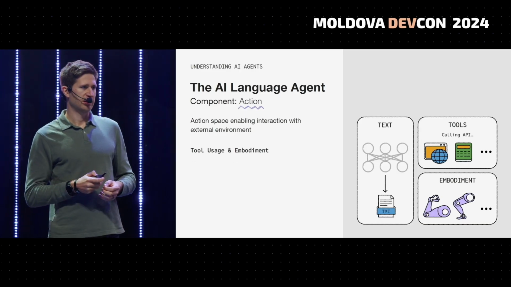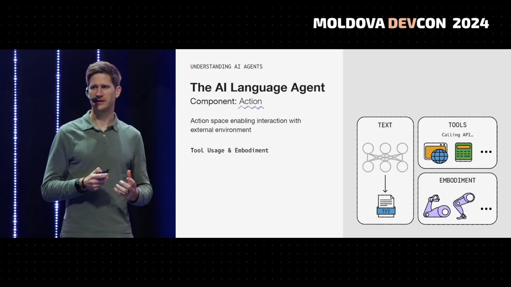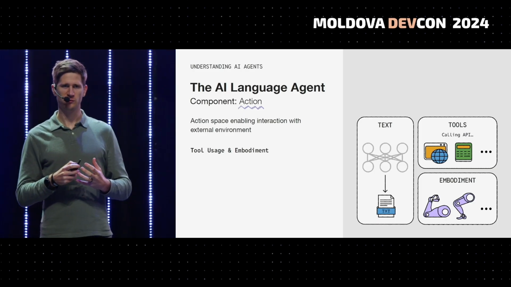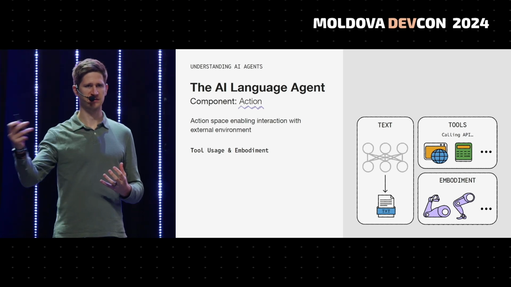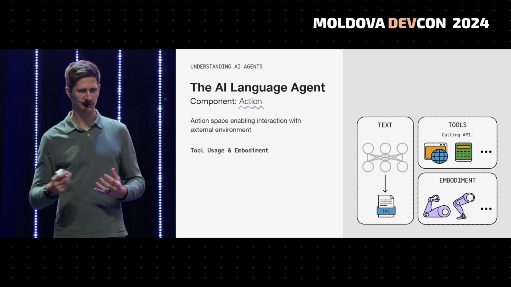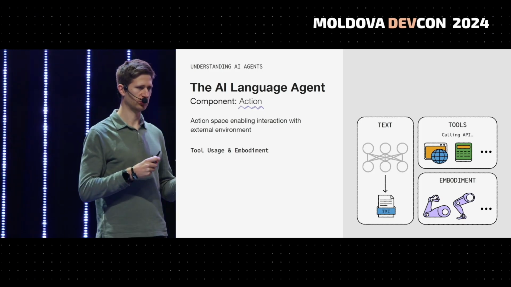And lastly then is what we call an action space. And this is really the ability or abilities that we give this agent to perform actions within its environment, to interact and act upon whatever is around it. And this is typically by giving it a bunch of what we call tools.